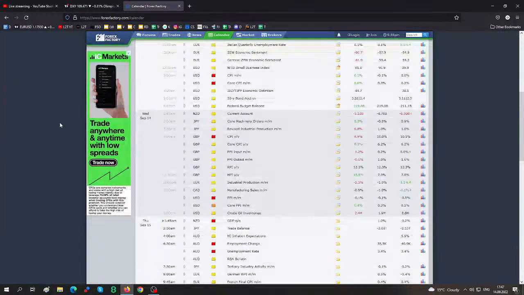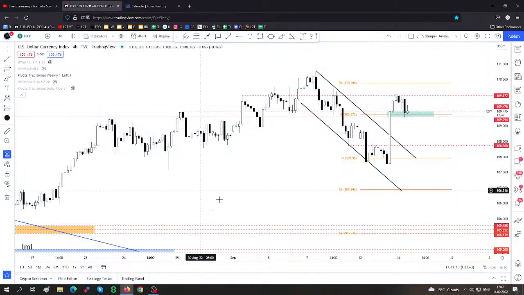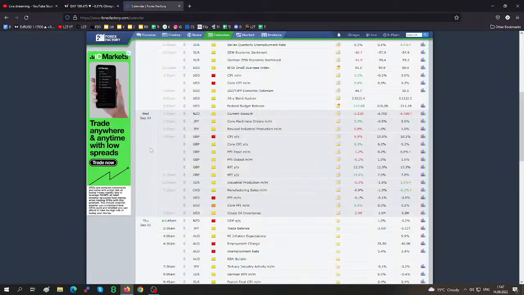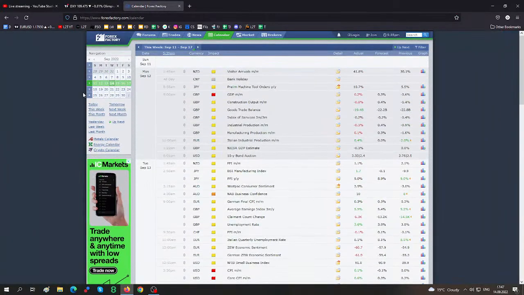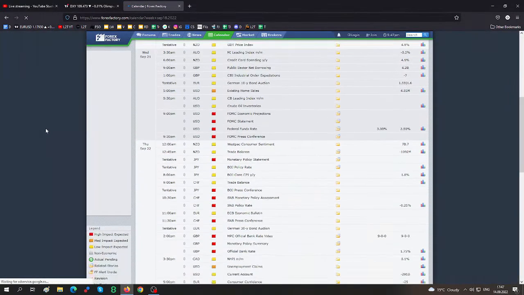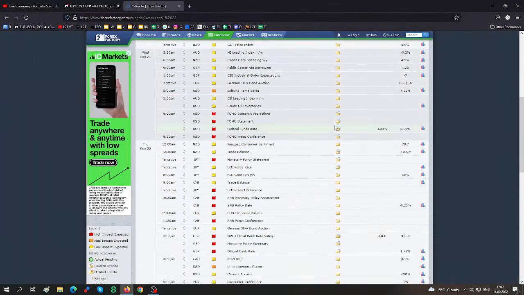And so inflation is not good maybe for the economy or for the US dollar, but as you already know, higher inflation will force the Federal Reserve to increase the federal funds rate. Okay, so let's take a look. Next week, guys, on Wednesday, we'll have the FOMC, Federal Open Market Committee, and the federal funds rate here.